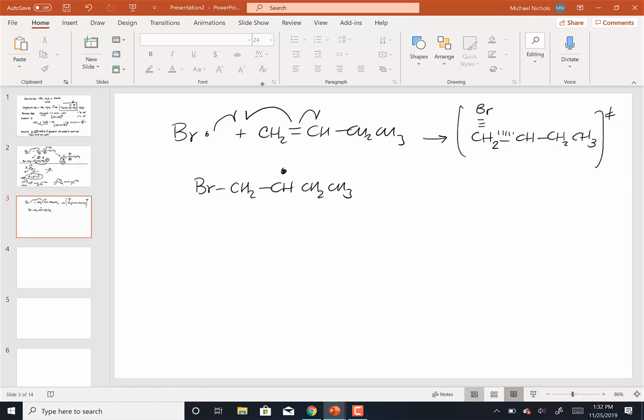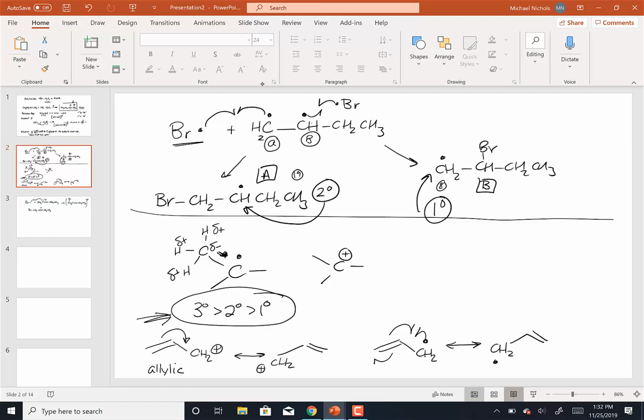Okay, so that's what the transition state, that's what the real second step would look like. What I showed you earlier was simply me trying to reinforce the idea that the Br dot is going to add to the carbon. Because most of the time, as we saw, radicals are actually taking atoms away from something.